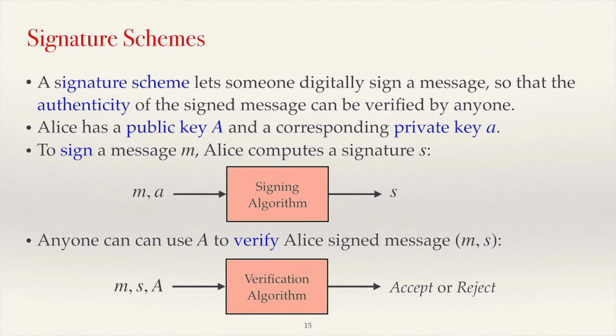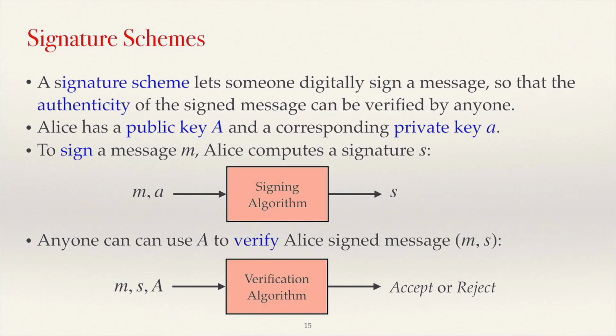This algorithm takes as input the message, its signature, and Alice's public key. The algorithm outputs accept if Alice did indeed generate the signed message. Otherwise, it outputs reject if Alice did not generate the signed message, and so the signed message is an attempted forgery.